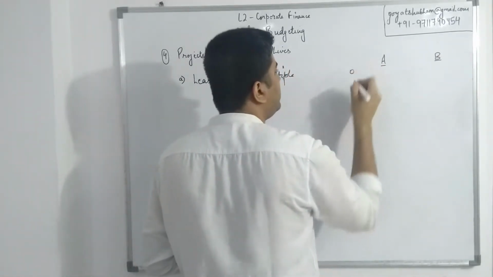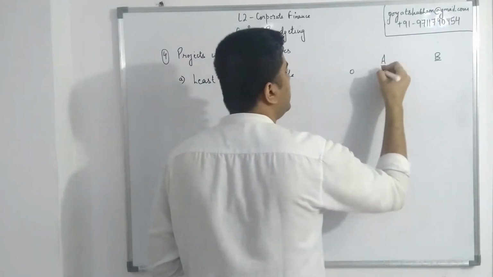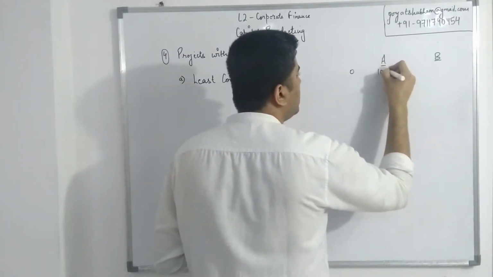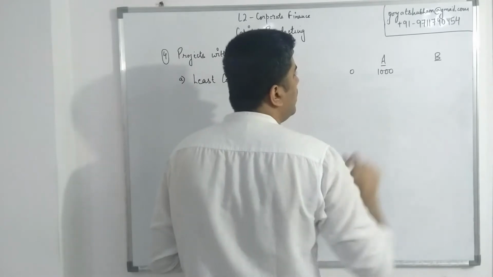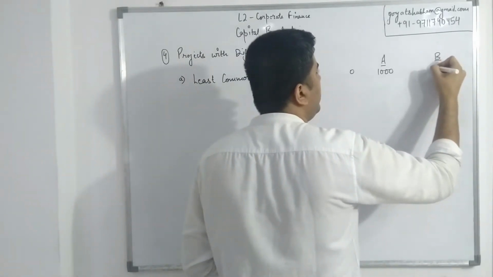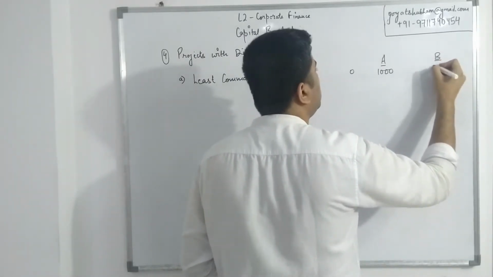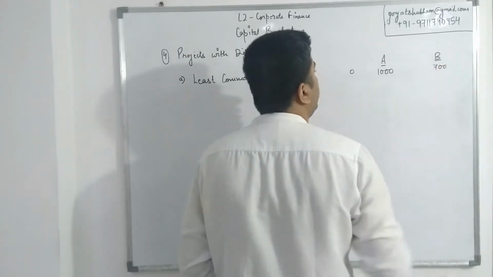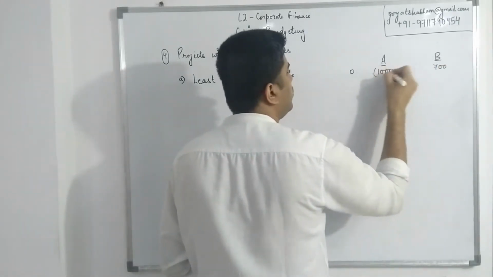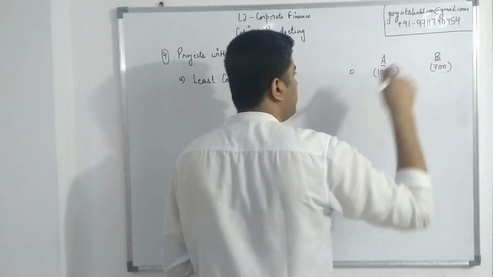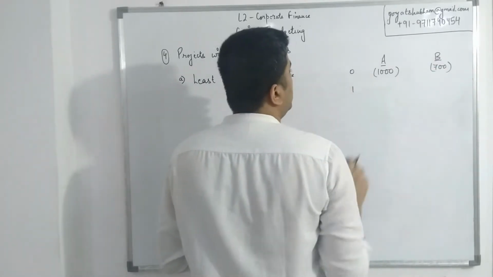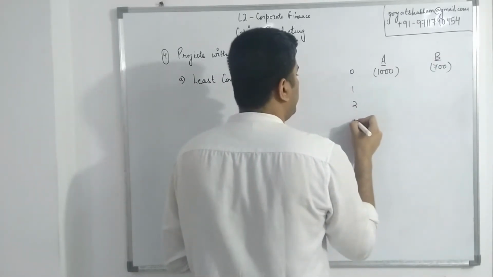At time 0, the initial investment in A is 1000, and let's say in B it is 700. Both of these are negatives because these are outflows. Then years 1, 2, and 3.